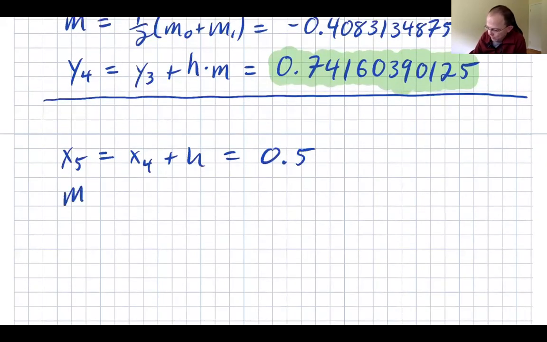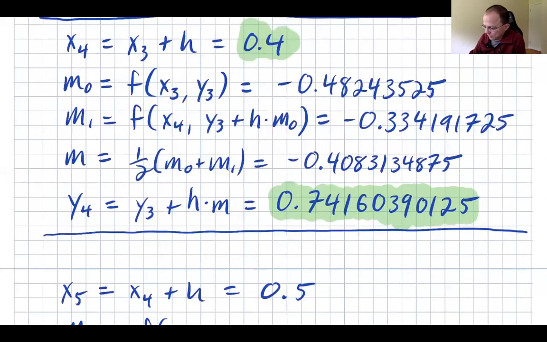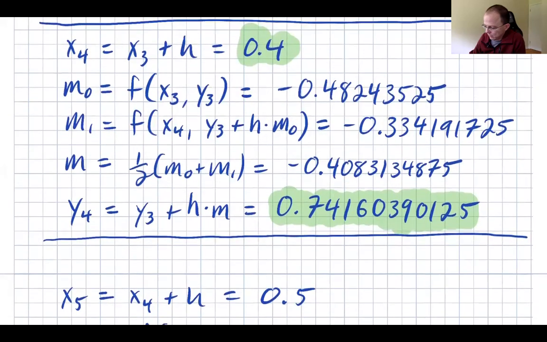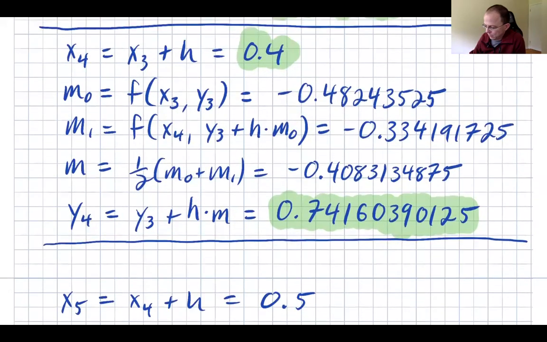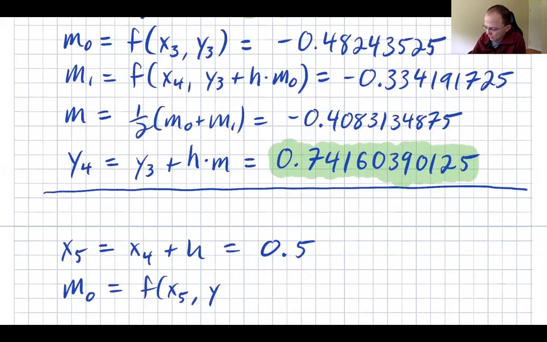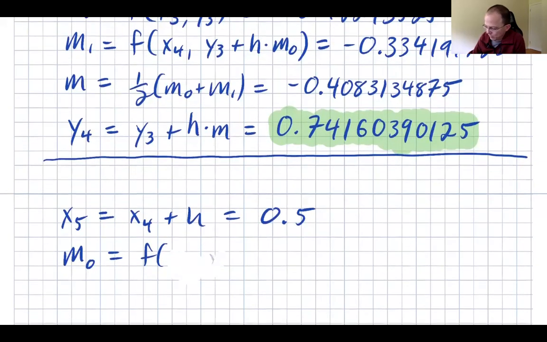M naught first. M naught is f of x4, y4. Hopefully I did this right before. Oh wait, so I'm already confusing myself. So this is at the current point, x4, y4. Right.